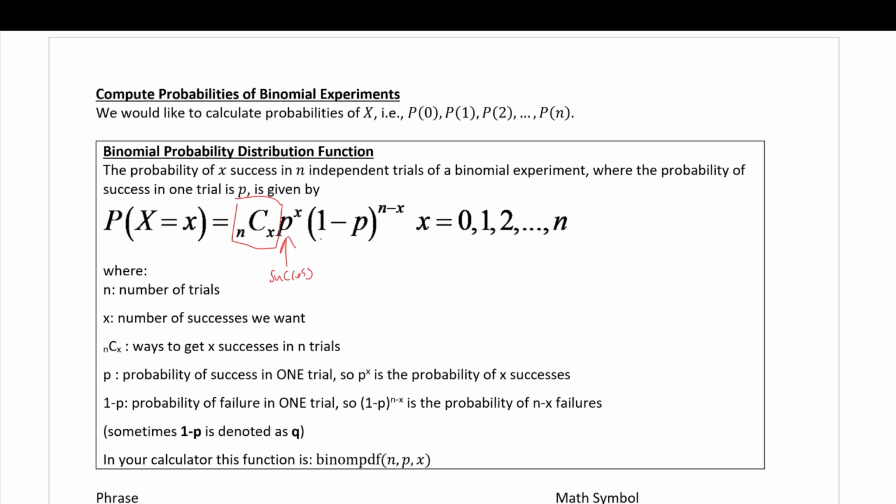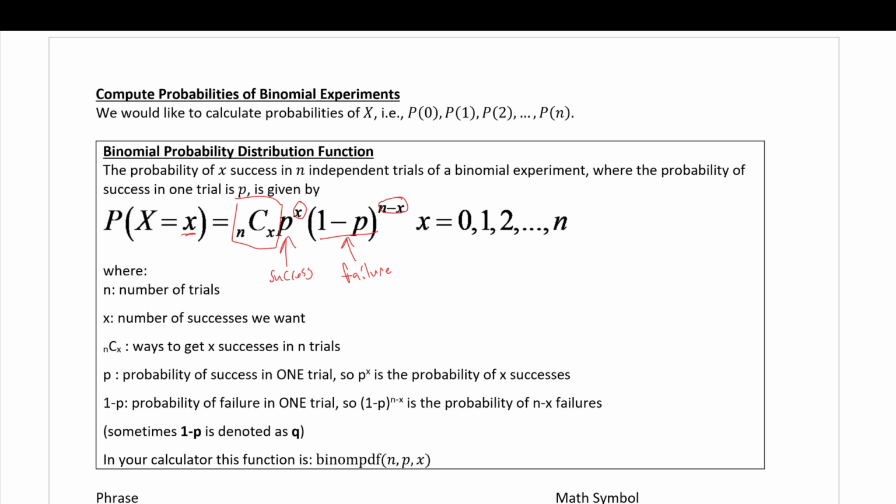We have a 1 minus P, which is the complement of success, which is failure. And if we're interested in the probability that x is equal to some value little x, then this is going to give you the number of successes. And then if there's a total of n trials, n minus x would be the number of failures.